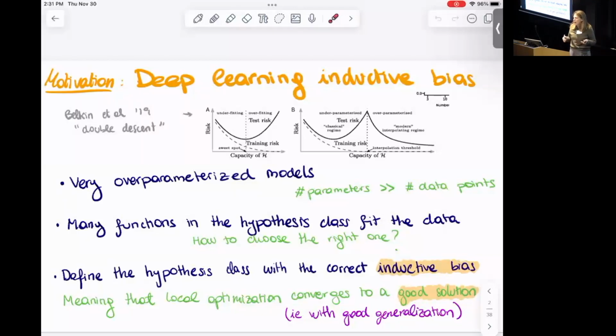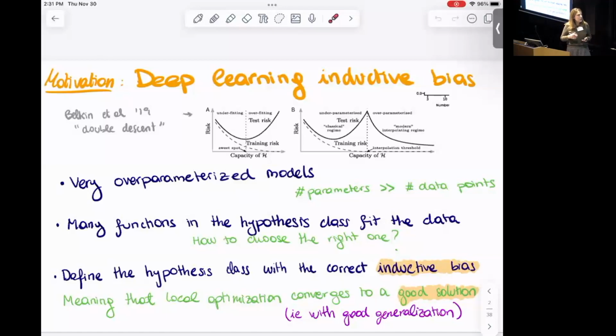And this is the paradigm that people are using today in deep learning. They are using very flexible models with way more parameters than training data points, and then just fitting their data perfectly.